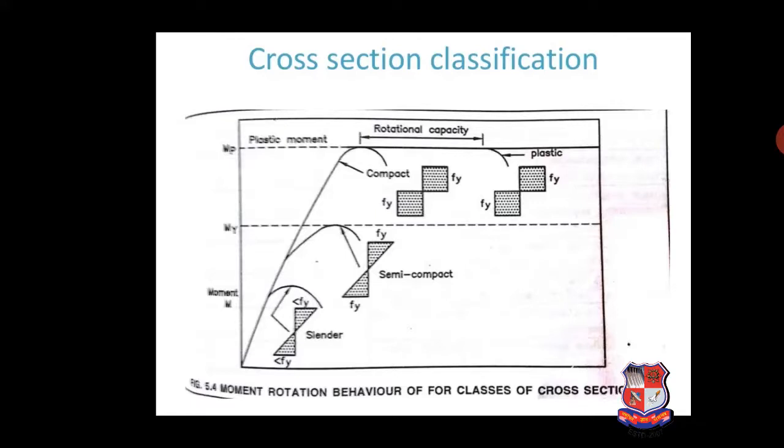What is compact? A cross section which can develop the plastic moment to resist, but does not have the capacity to rotate against local buckling.